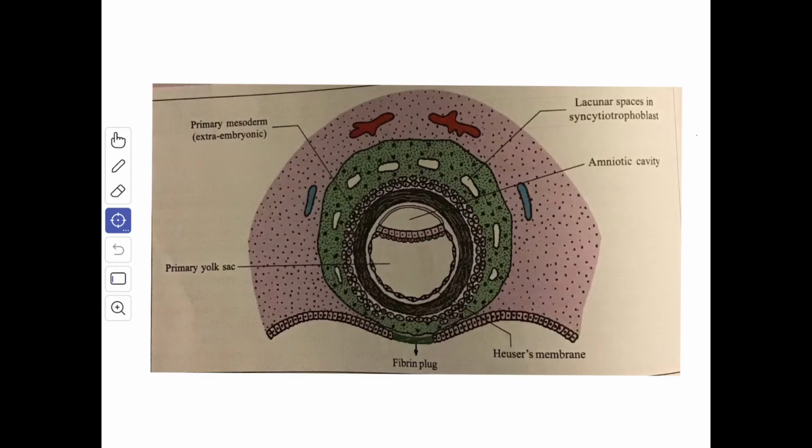The rest of the cells on the outer or the trophoblastic side of the embryoblast form a layer of tall columnar cells, which is called the epiblast or primary ectoderm. An extracellular basement membrane is laid down between the epiblast and hypoblast.